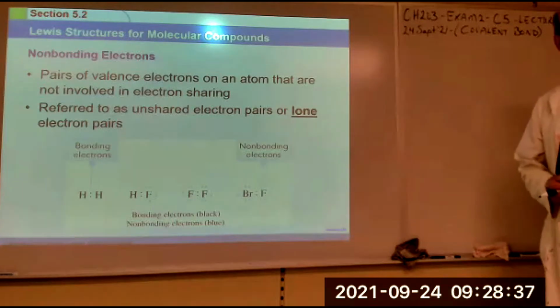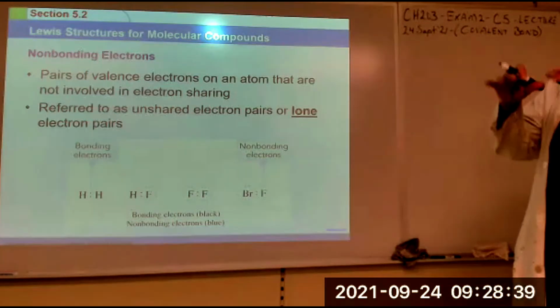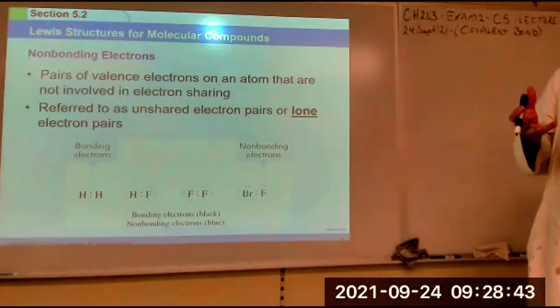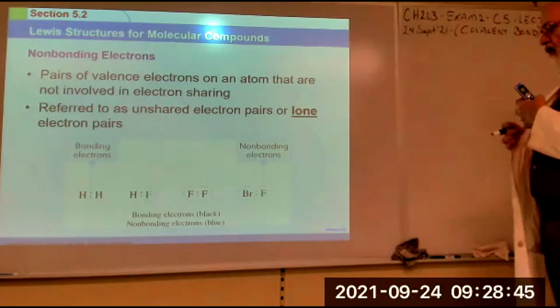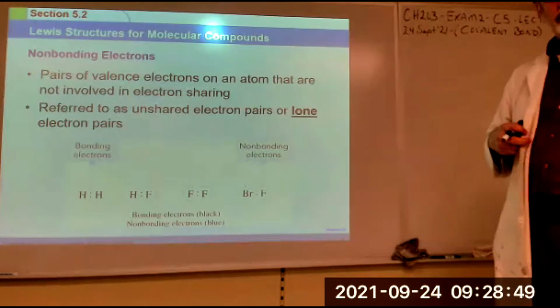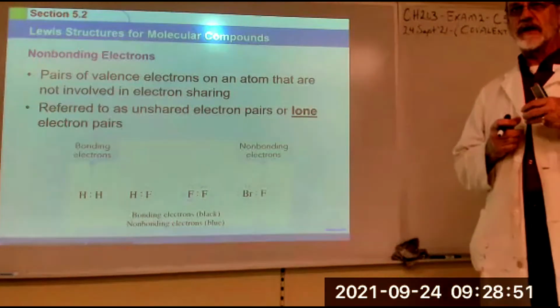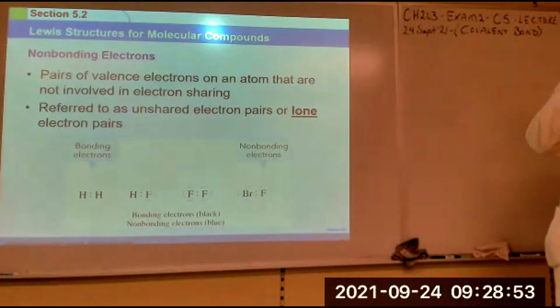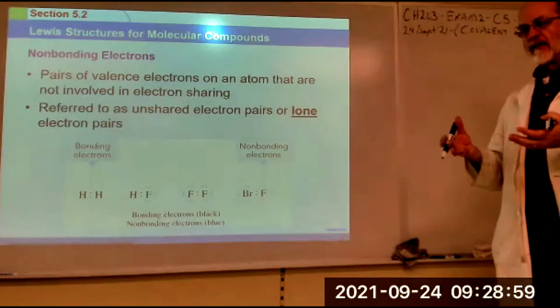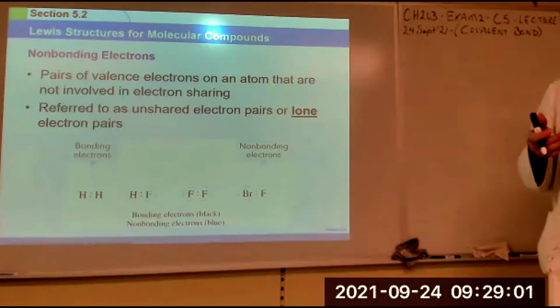And when you have non-bonding electrons around an atom that's participating in a covalent bond, we try to pair them up. In the vast majority of bonding situations in the covalent description, all the non-bonding electrons will be paired.